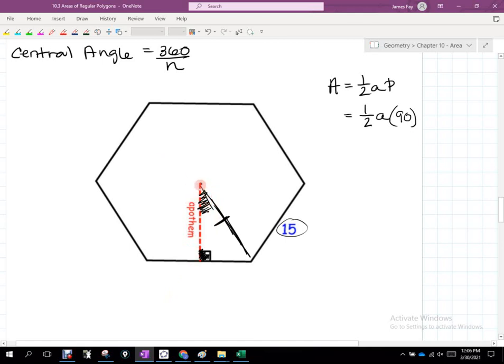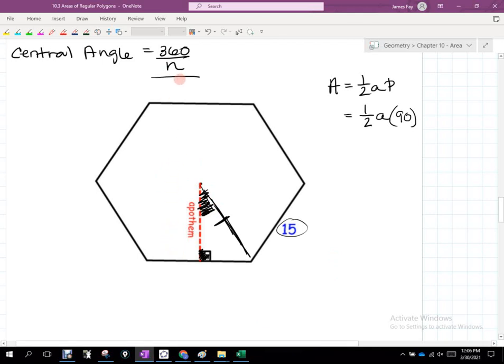That's why I talked about this apothem being an angle bisector. If that's 360 divided by n, isn't this right here going to be 360 divided by n, and then divided by 2? Does that make sense?